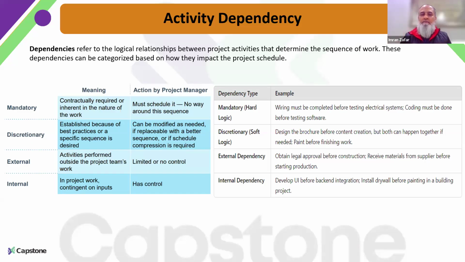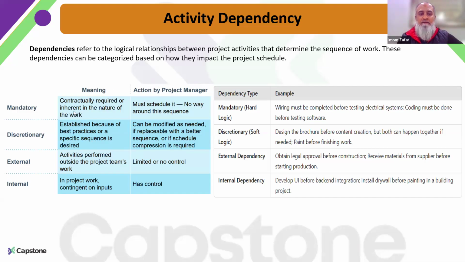Or, once my structure is ready and I need to do the paint work, maybe I need to give it some time to settle down, or the concrete, or the plaster, or whatever finishing work we have done. So there are always certain dependencies between activities that we need to understand to make a proper sequence out of the activity list that we have.